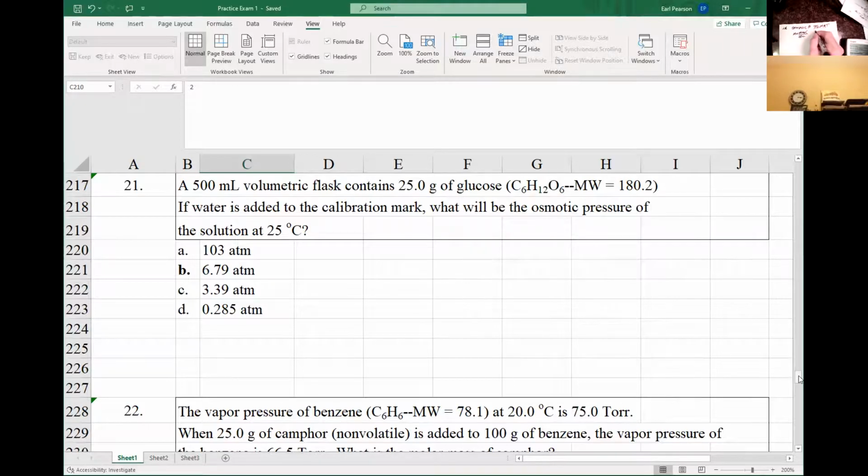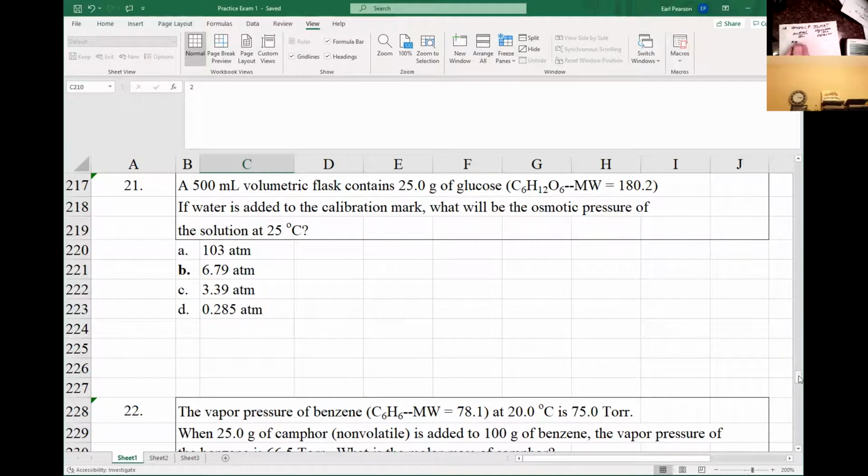We had 25 grams of glucose. Molecular weight is 180.2. And we put that in 500 milliliters, which is the volume. Okay, so let's plug in the numbers and solve for it.